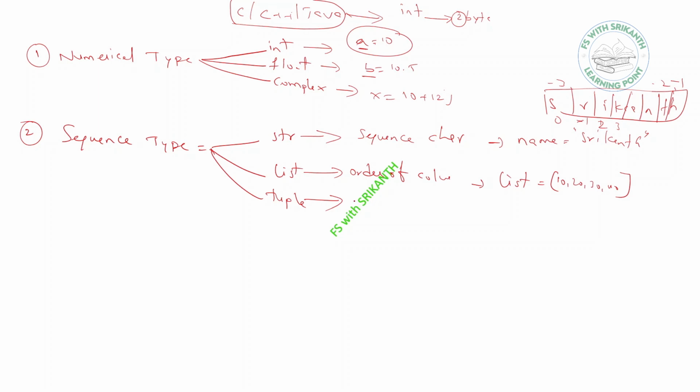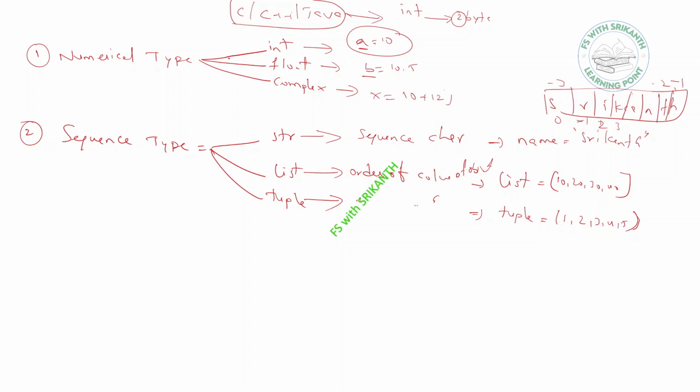Next, the tuple also represents an ordered collection of objects. We will discuss why it is mutable or immutable. The tuple, like 1, 2, 3, 4, 5, is stored this way, and the symbol is different.